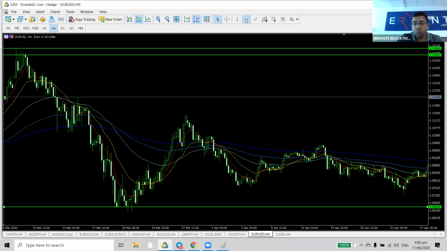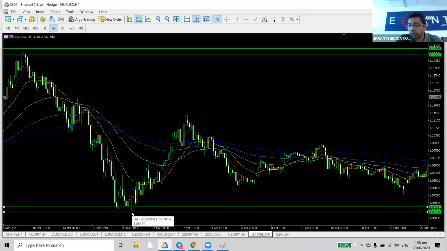But then look at the wick right here. If we go on the wick itself, it reversed at 1.0634. Okay, and 1.0660 is 10 pips from the 50 psychological level. So it really reversed quite close to 10 pips away from the 1.0650 psychological level.